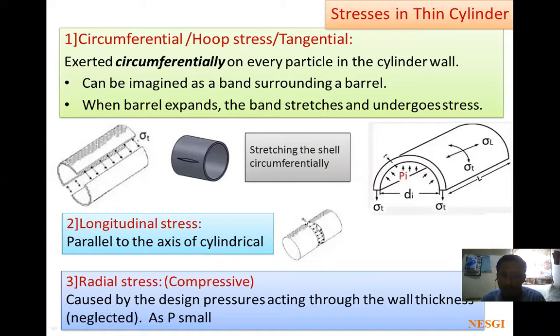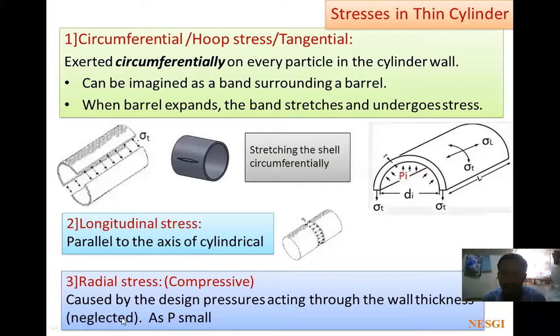Next is longitudinal stress, which acts in the longitudinal direction of the cylinder, that means parallel to the axis of the cylinder. The third one is radial stress, which is compressive in nature. Radial stress is caused by design pressure acting through the wall thickness.